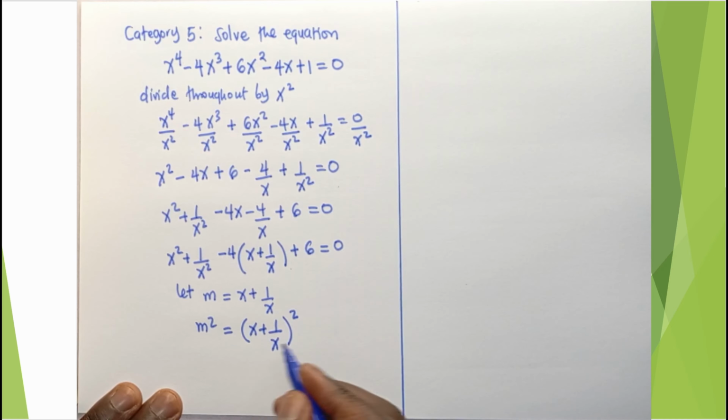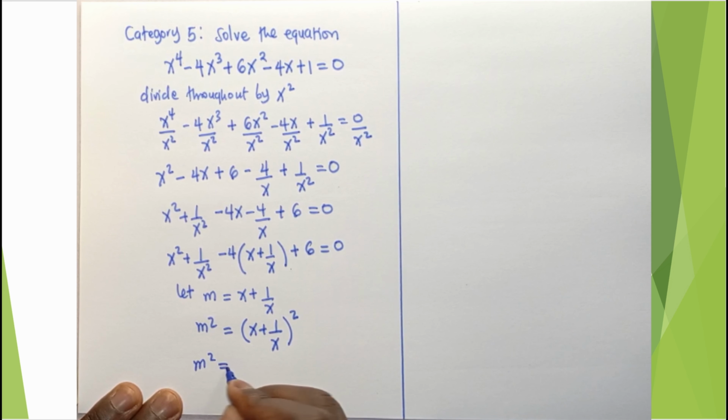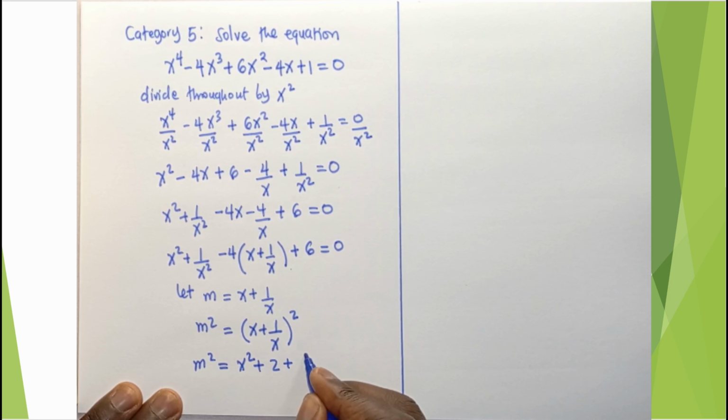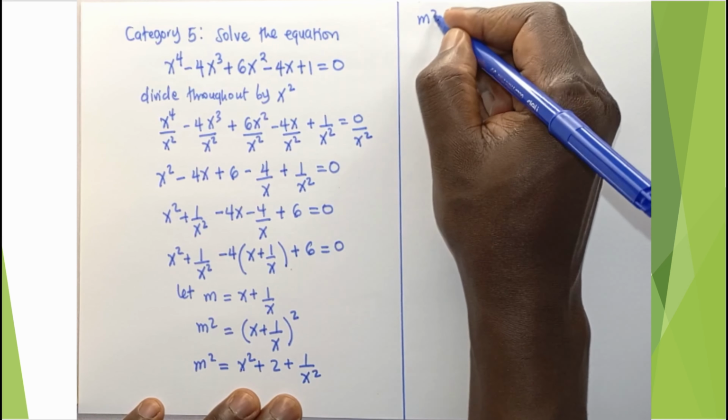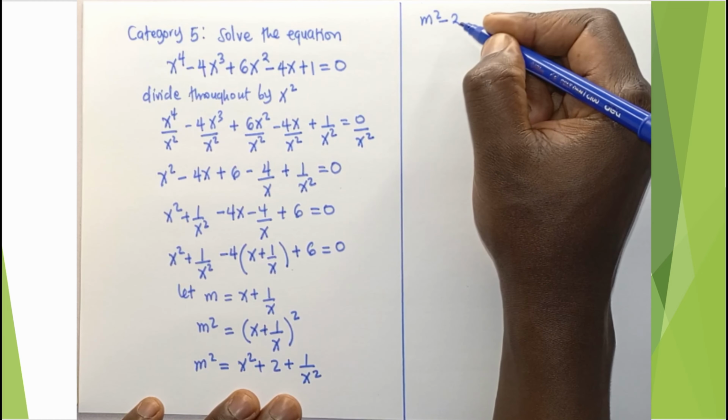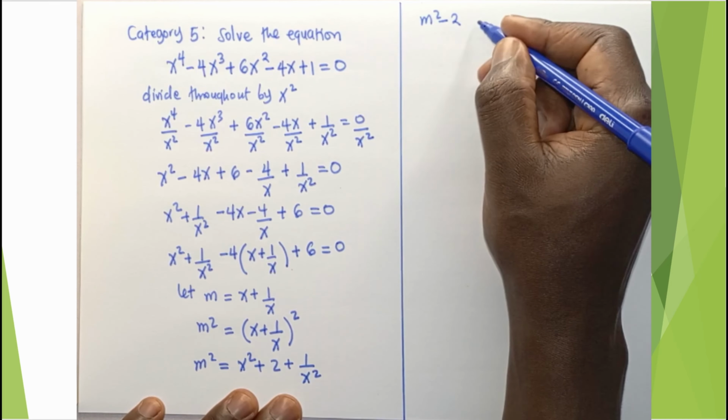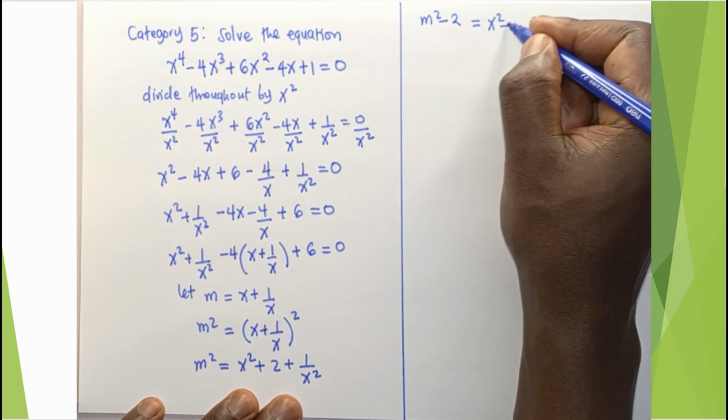So we expand. When expanding, we have m squared is equal to x squared plus 2 plus 1 over x squared, when you expand that properly. So therefore m squared minus 2 is actually equal to x squared plus 1 over x squared.